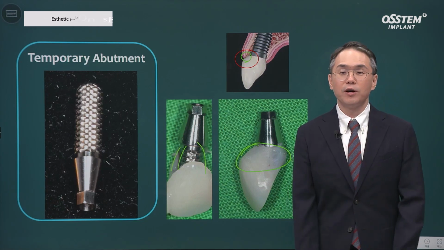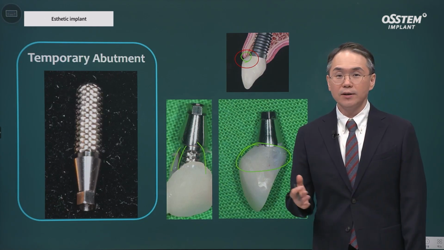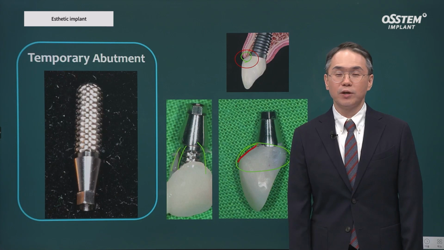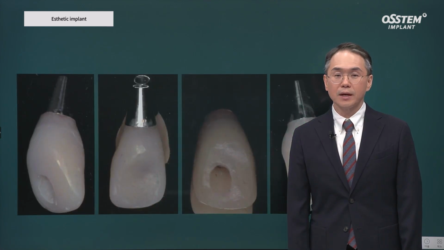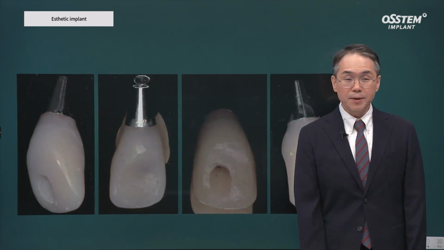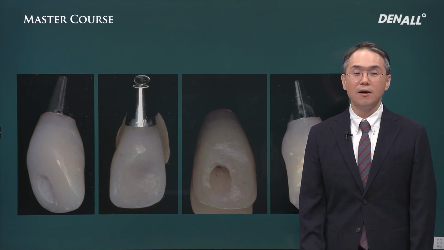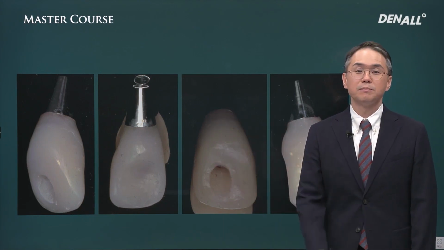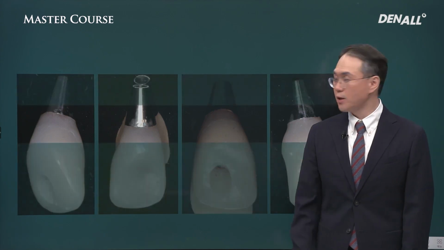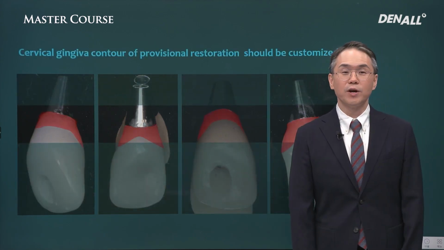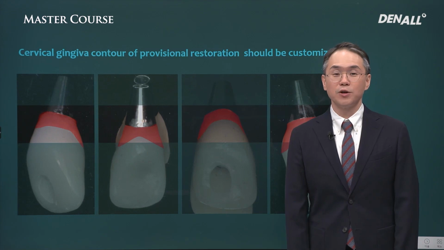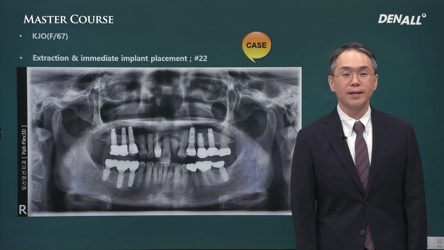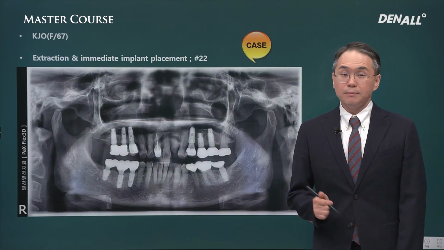In order to support it, composite resin is used and contouring is done at chairside. As shown, after immediate implant placement, the temporary shell that has been prepared is attached to a temporary abutment and it's removed from the patient's oral cavity, and at chairside, contouring is done. Then, if you connect it, that area will be supported.